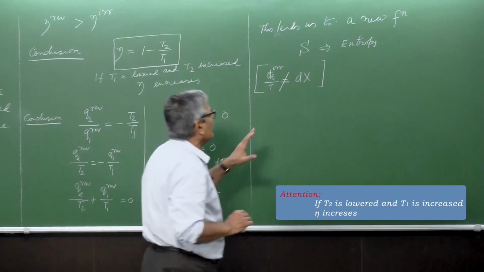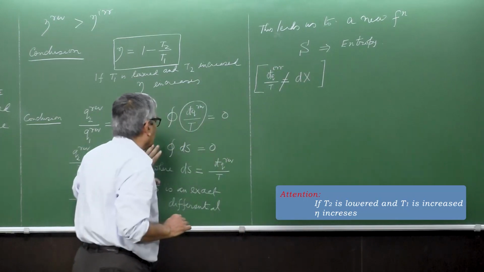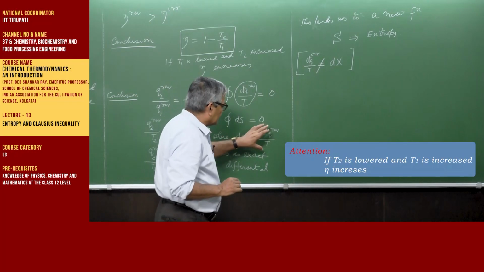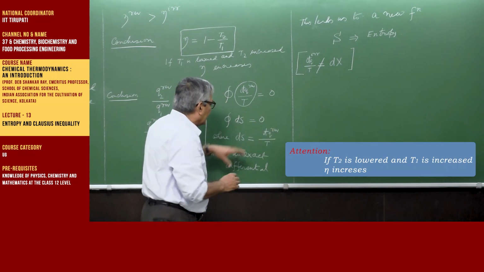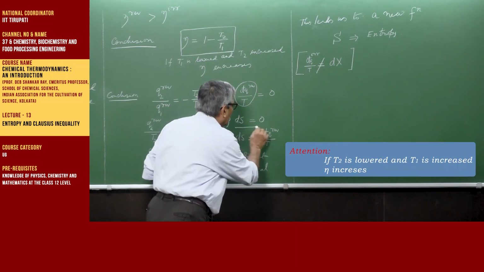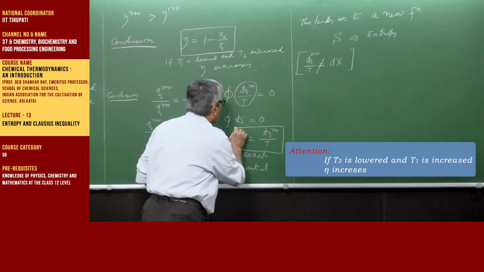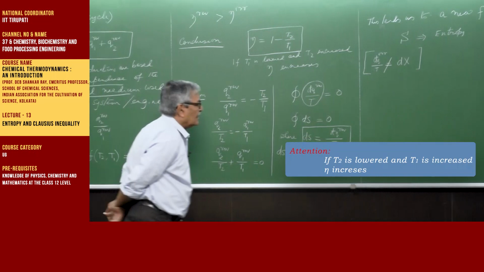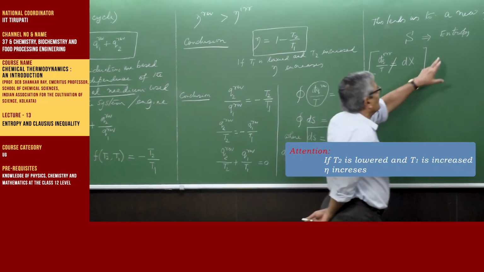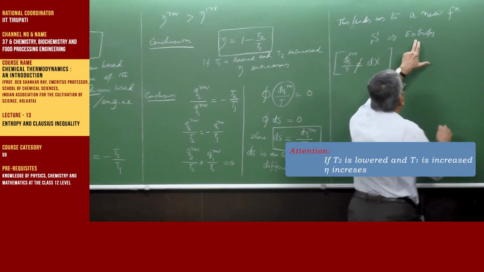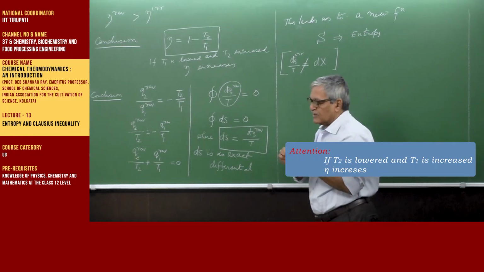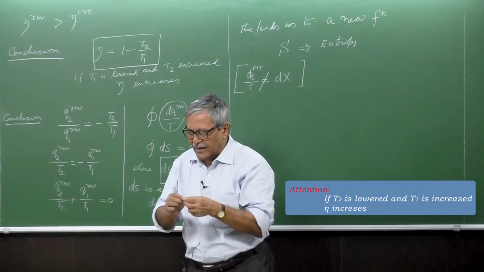So, keeping that in mind, that dq reversible has a special status, dq reversible by T is a new quantity for us, and this is of course a function, and since the integral is 0, that means I go from one state to another state and come back to this state.